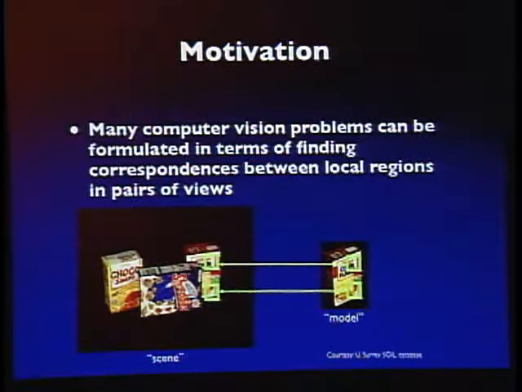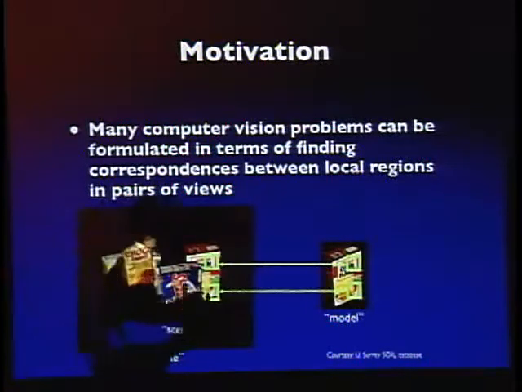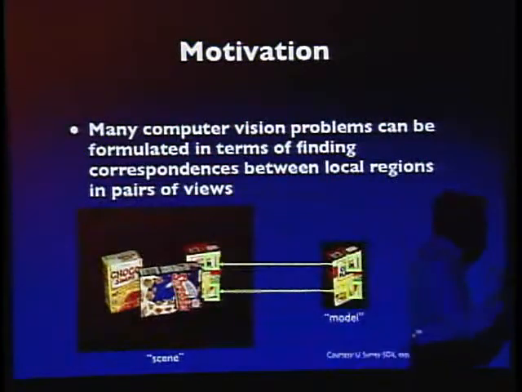There's a whole set of problems in computer vision, aka image processing, that can be formulated in terms of finding correspondences between local regions in one image and local regions in another image. So when I say local regions, you can think of the term patch, or a little sub-image, or a little image region. It's the thing that's inside the green rectangle there.